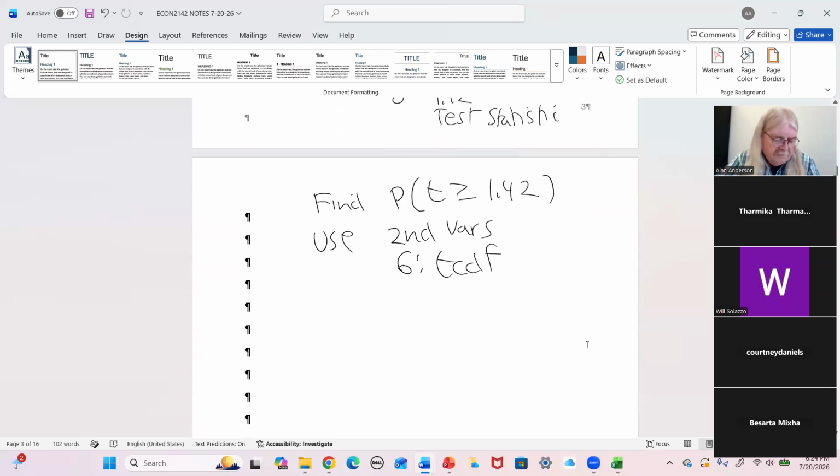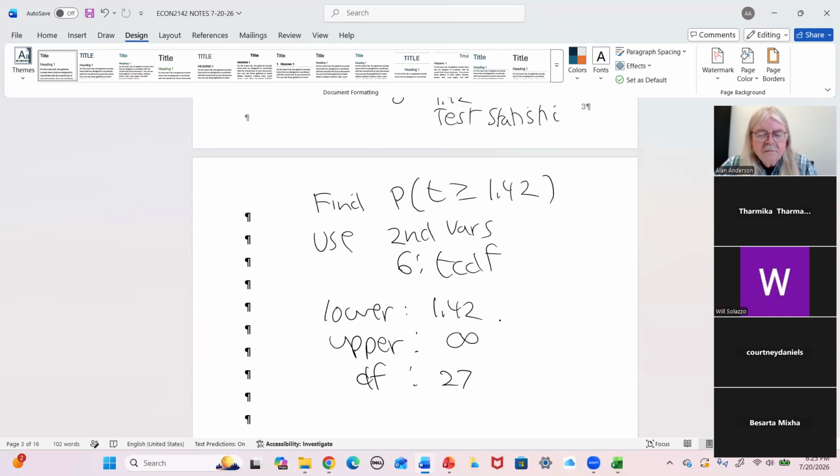All right. Now, this one requires us to tell it the lower limit, the upper limit, and the degrees of freedom, which we know is 27. So we try that.